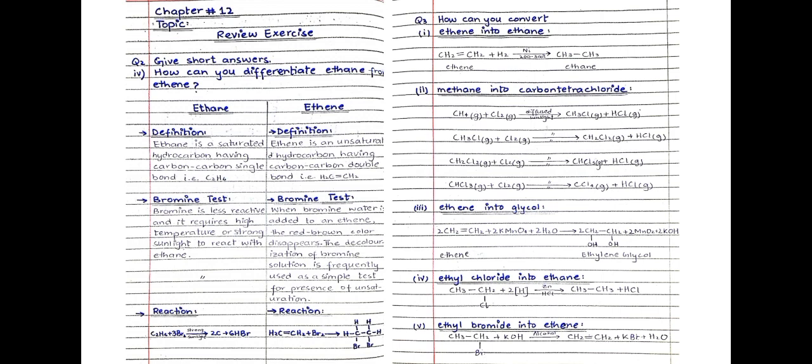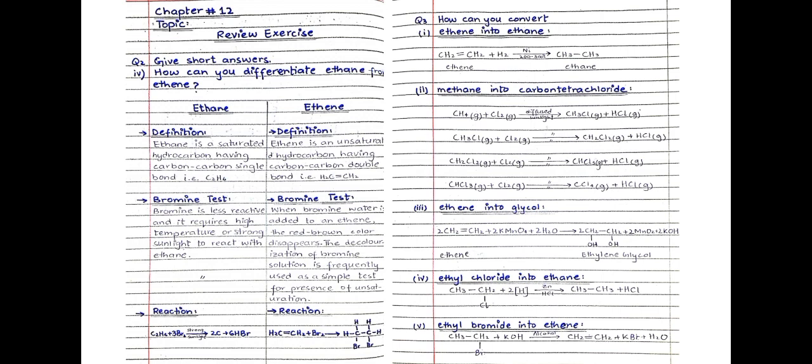Now come to the next part. In the next part we have methane, and we should convert methane into carbon tetrachloride. As you know, this is halogenation, and it is halogenation in diffuse sunlight because we are getting carbon tetrachloride. So this halogenation includes four reactions.